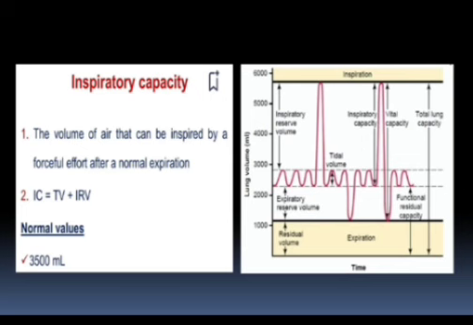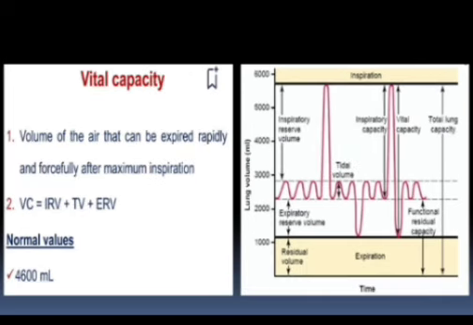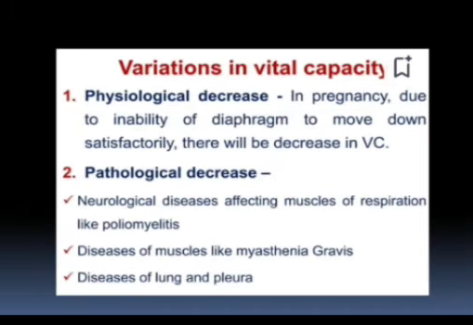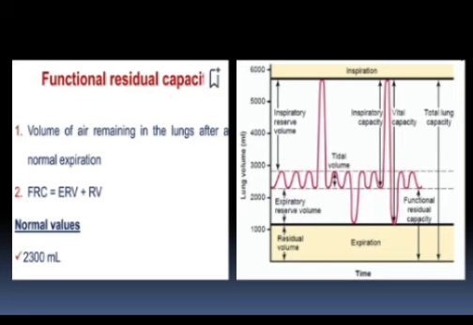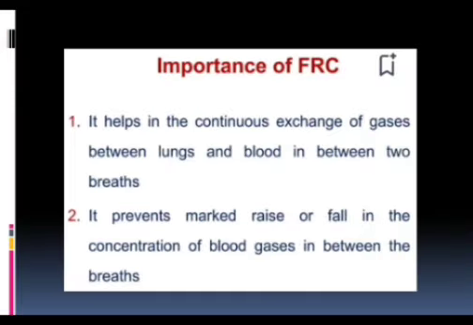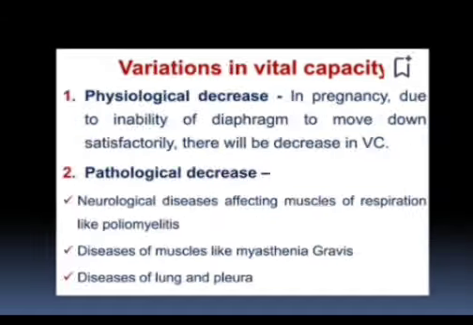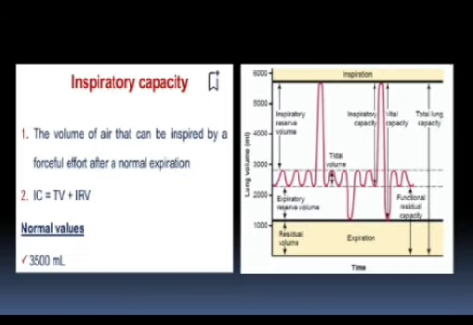Types of lung capacities. Number A, inspiratory capacity. Number B, vital capacity. Number C is functional residual capacity. And then number D is total lung capacity. Did you get that? Fantastic. So let's start with the first one.